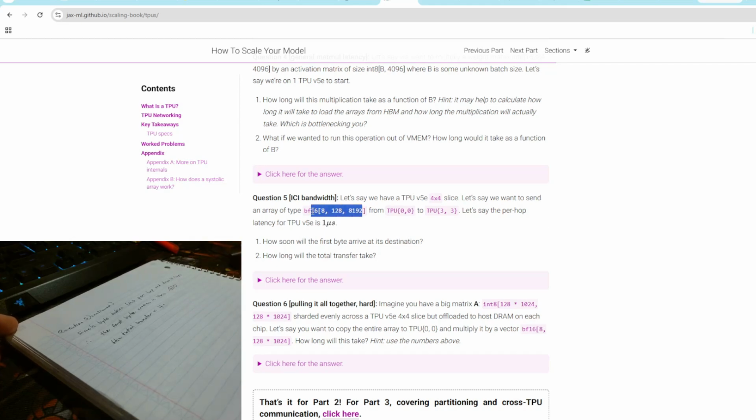So for BF16, it's 2 bytes per element. Let's write times total bytes equals 4 times 2 times the matrix, 8 times 128 times 8,192.